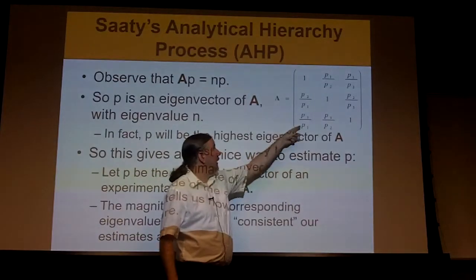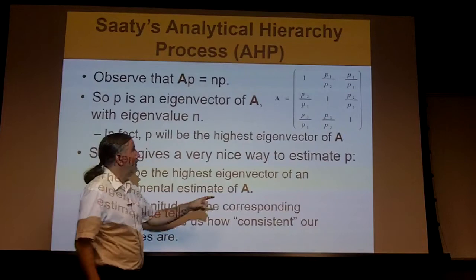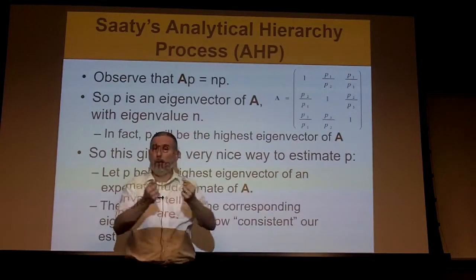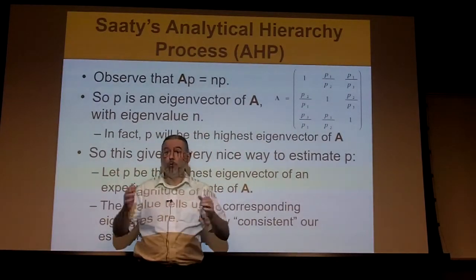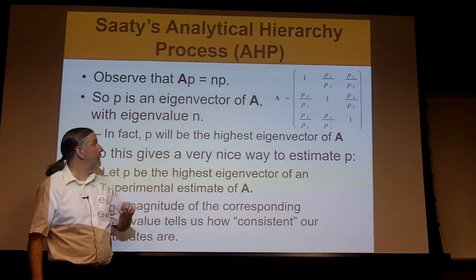If these entries in the matrix were in fact the perfect values that they should have been, then the principal eigenvector of this matrix would be that vector P of the absolute proportions that I care about. And the corresponding eigenvalue would be n, if this is an n by n matrix.